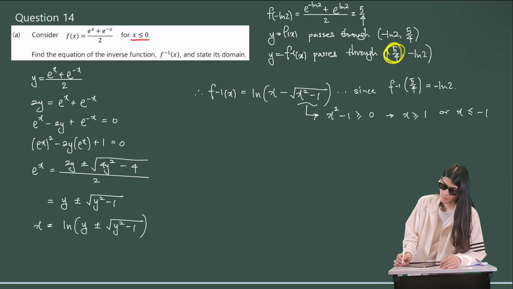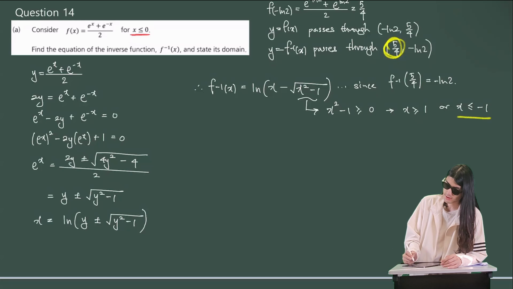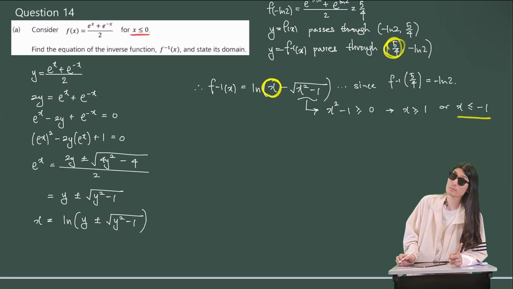One or the other, but if x is less than or equal to negative 1, inside our ln, we have a negative number subtracted by another number. We got a negative number subtracted by a positive number actually, because square roots are positive numbers.